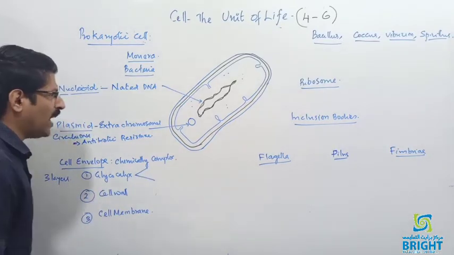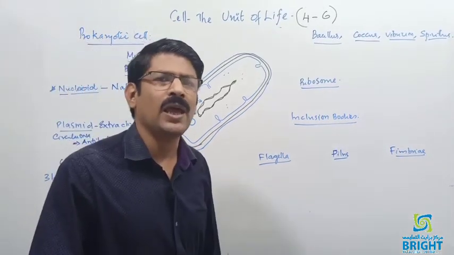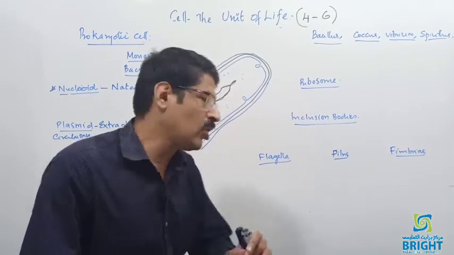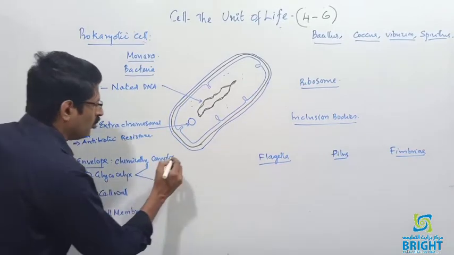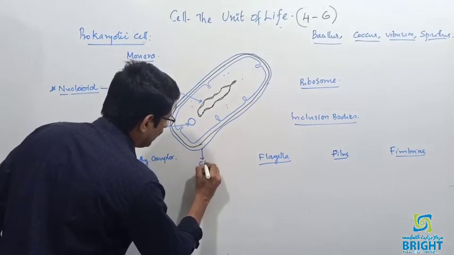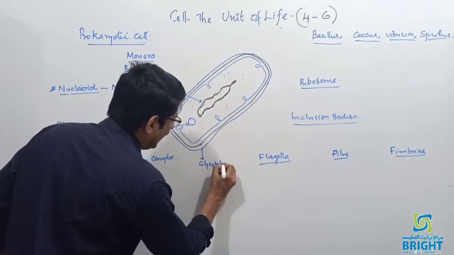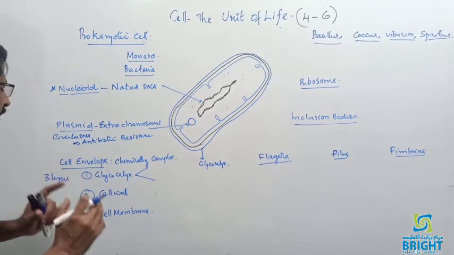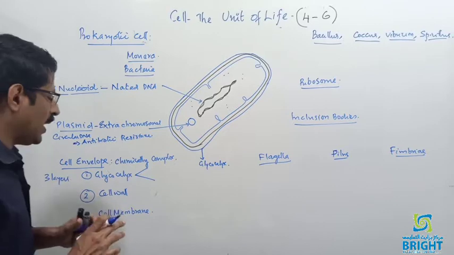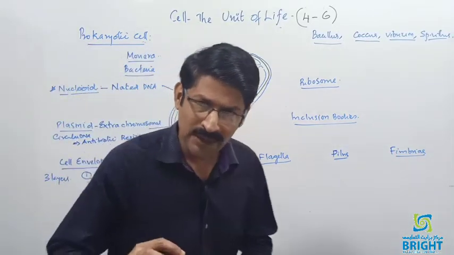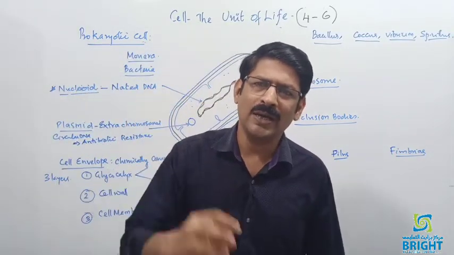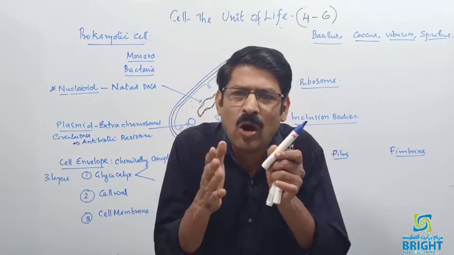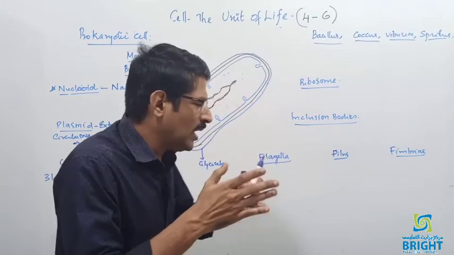And the cell envelope of bacteria is chemically complex. The outermost layer is called glycocalyx. The cell envelope is composed of 3 distinct layers, compactly arranged one above another.